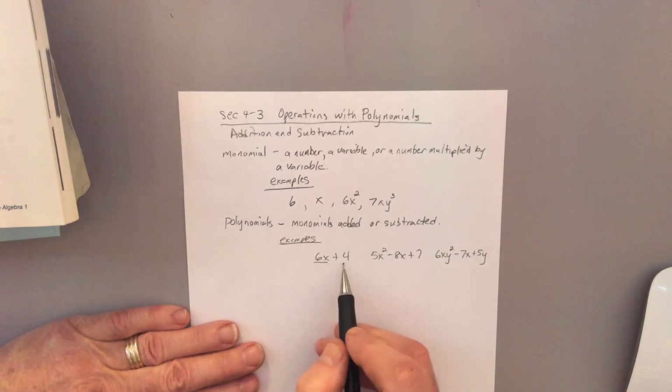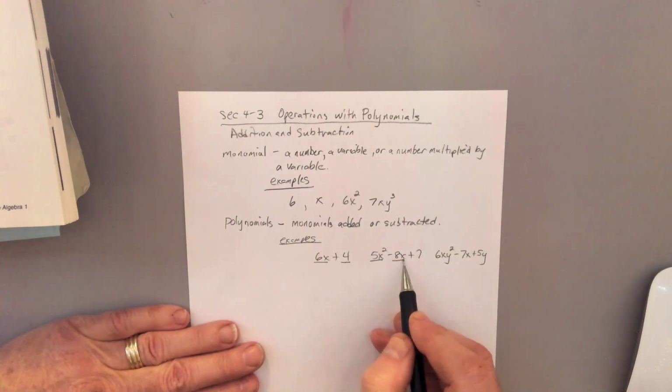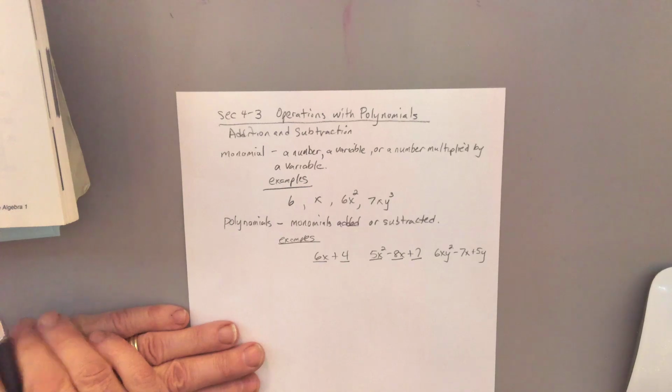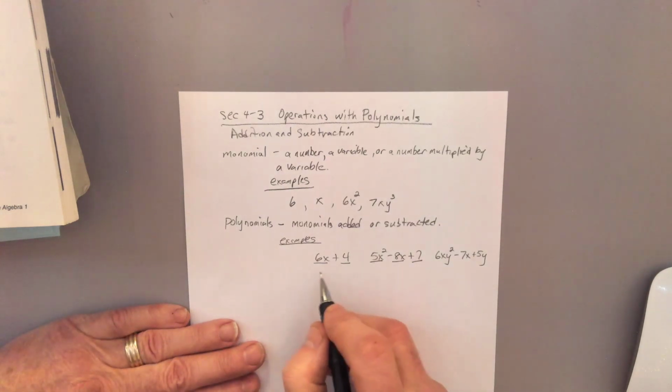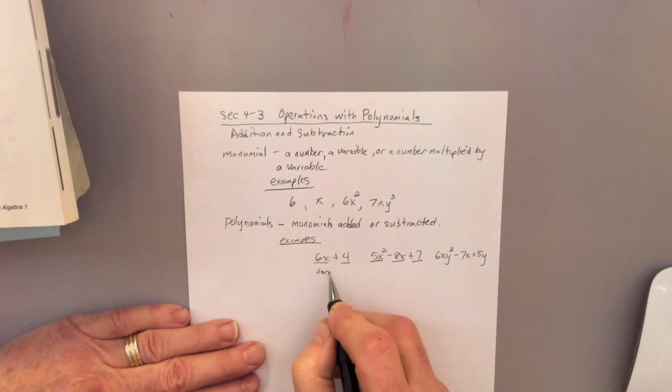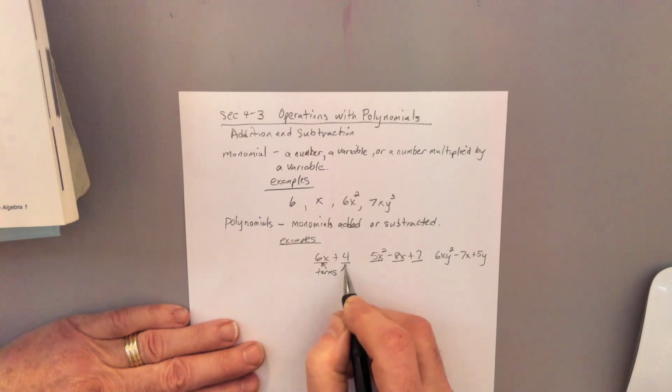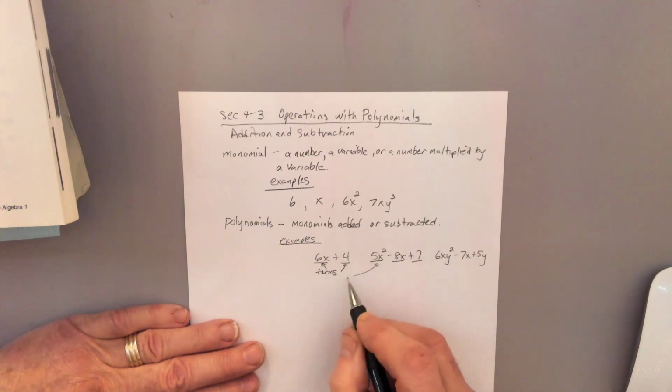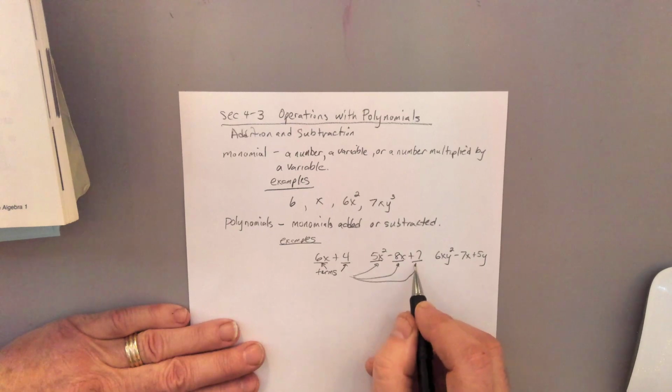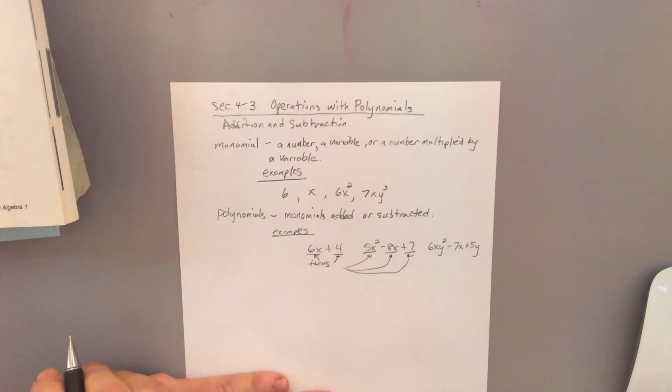Okay? So polynomials are made up of those things. Each one of these separate little things separated from each other by pluses or minuses are called terms of the polynomial.